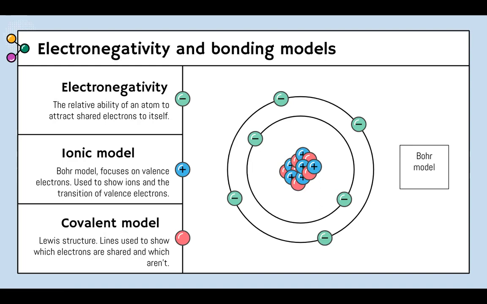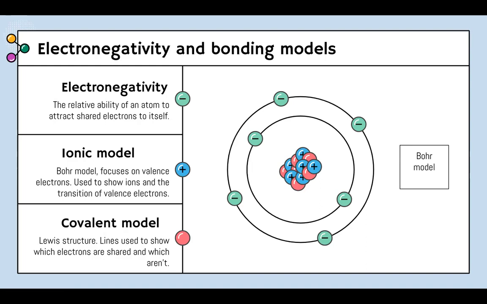So ionic compounds are one element that has a high electronegativity and one element that has a low electronegativity, and they are attracted to each other, and that forms an ionic compound. For covalent compounds, they have similar electronegativity, therefore they share electrons.